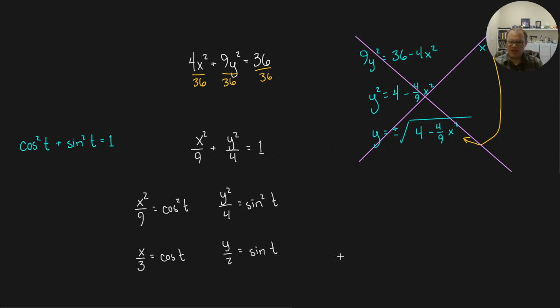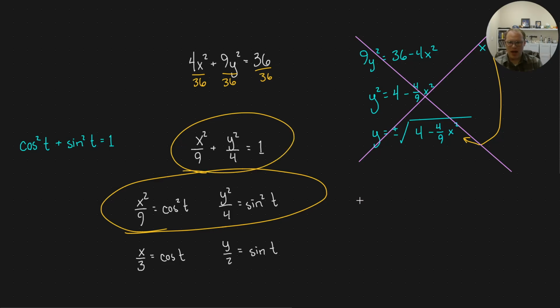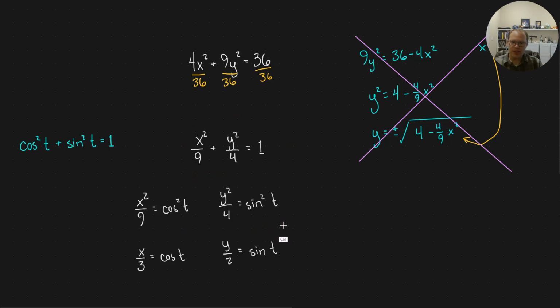Notice I didn't have to worry about the plus or minus. Really, x over 3 could be plus cosine or minus cosine, and y over 2 could be plus sine or minus sine. But as long as this property holds, then I will have this. So in this case I get to choose whether I want the positive or negative.